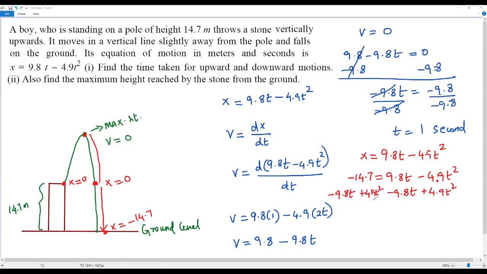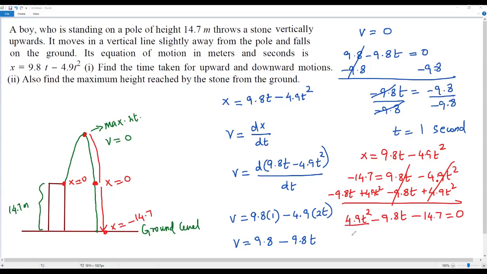When I do so, this one will cancel out. On the left side, I'm getting 4.9t squared minus 9.8t minus 14.7 equals 0. When I look at this quadratic equation, everything is a multiple of 4.9.